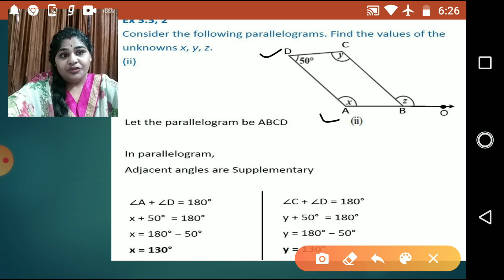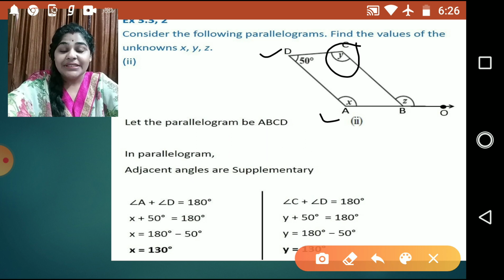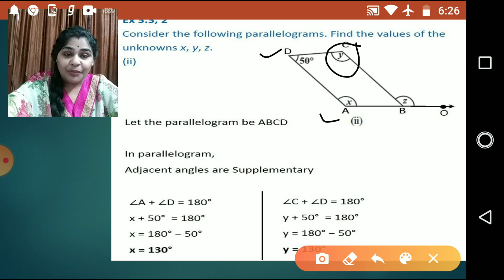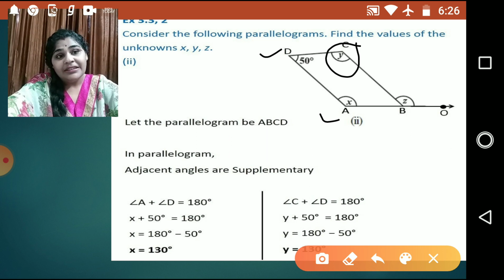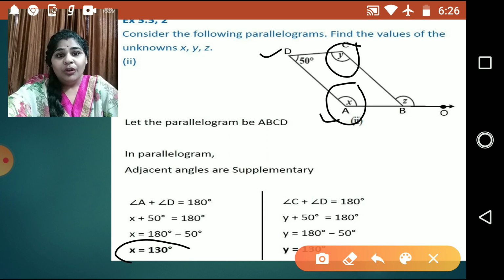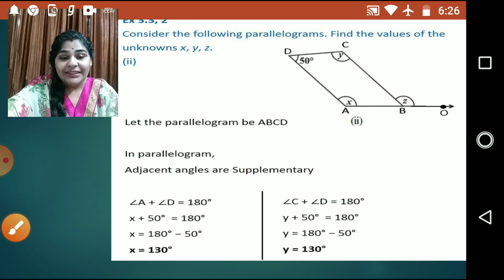Now next one, to find the angle Y, we can use either the property of adjacent angles or opposite angles. If you remember, we have seen one more property, that opposite angles in a parallelogram are equal. You can use whichever property you feel is easy. If I talk about opposite angles, Y is opposite to X, and we have just found that X is equal to 130 degrees. That means Y will also be equal to 130 degrees.